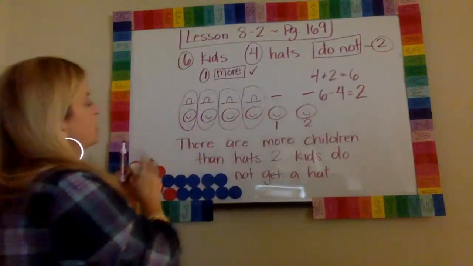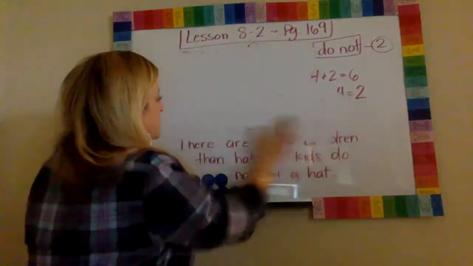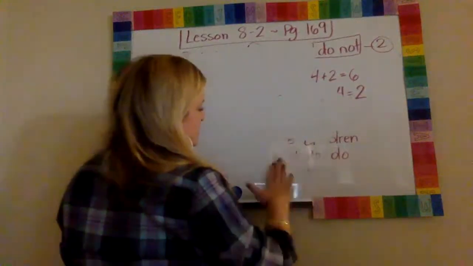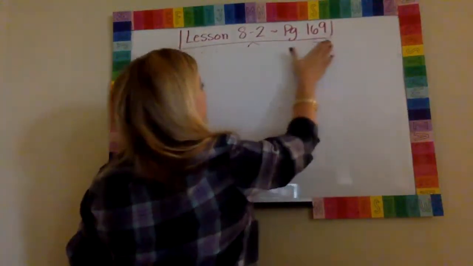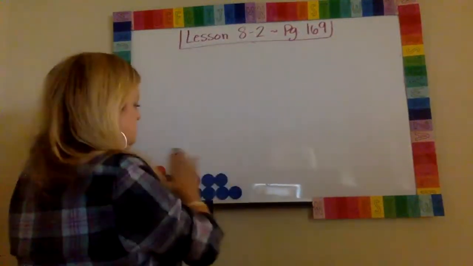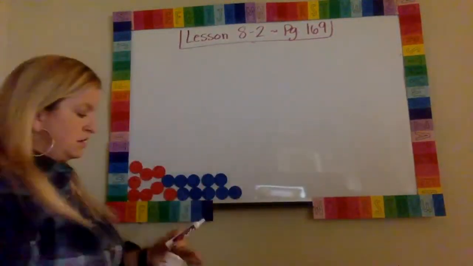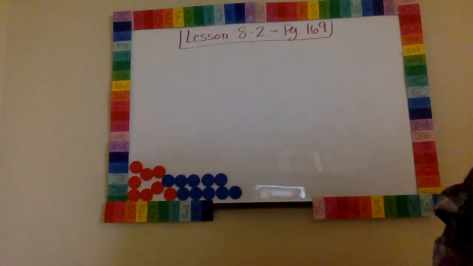It also helps me know how many less hats I have than children. So I'll write that down and you can copy it because I know that's a lot and it's kind of confusing. I want to make sure that this is as easy as possible, so I'm just going to reread it so I make sure I answer it correctly.